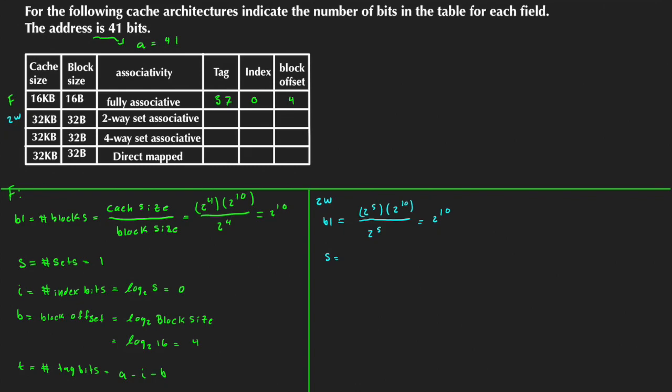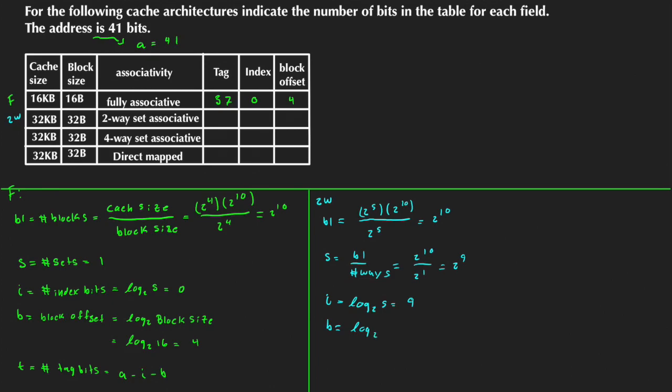Next, we'll find S, number of sets. That's going to be BL over number of ways. So we have 2 to the 10 over 2 ways, so 2 to the 1. That's 2 to the 9. Next, we find our index, which is log base 2 of S, which is going to be 9.